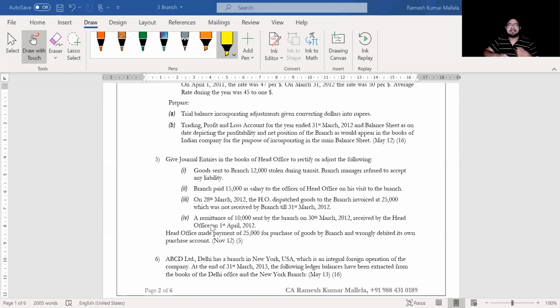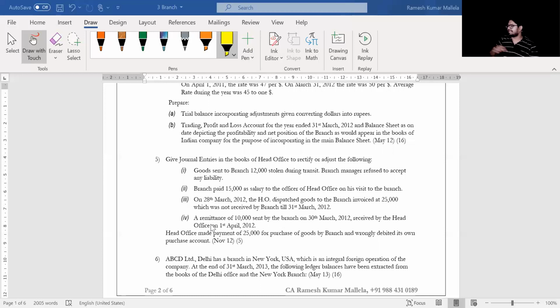I being the head office, the sending party, I would have recorded it. The only party who has not recorded is the one who has not received it. That is branch. That means in my books, it is correctly accounted. I need not account for it. So for the third item, no entry at all.